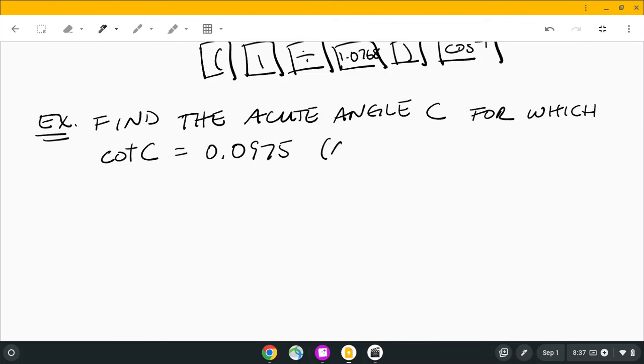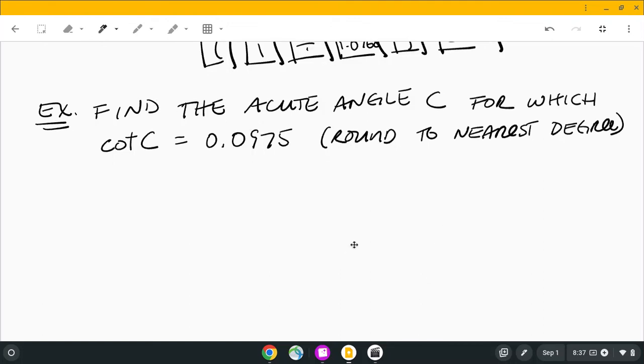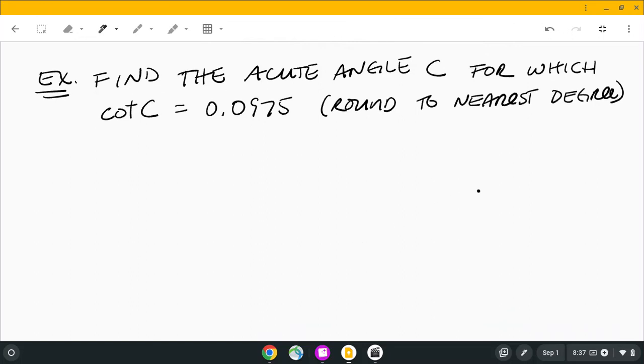Round to the nearest degree, so no decimal. Go ahead and try this one. Hit the pause button and come right back.